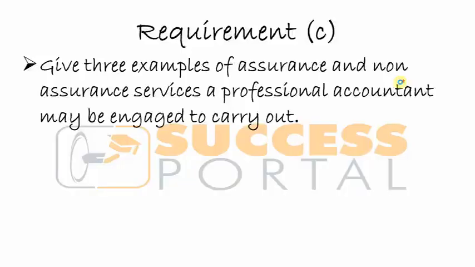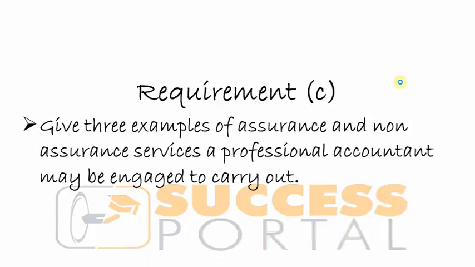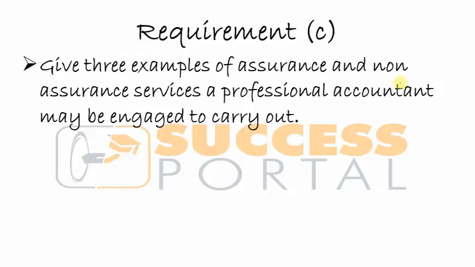Going to the last question, they are saying give 3 examples of assurance and non-assurance services an accountant may be engaged in. So we're talking about assurance here, and non-assurance, a common question. So we need to talk about 3. The first one is basically statutory audit.